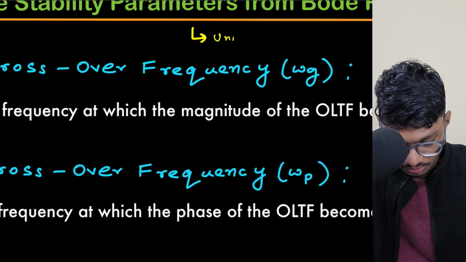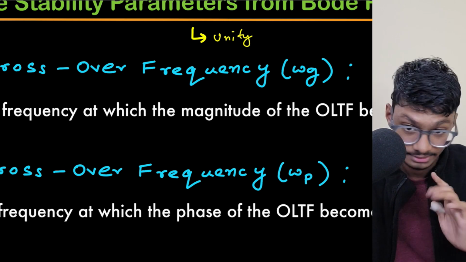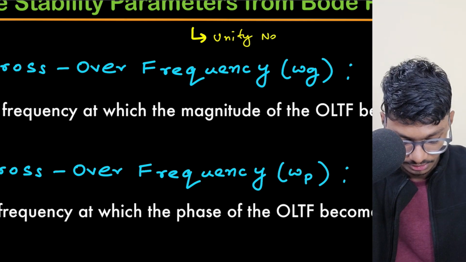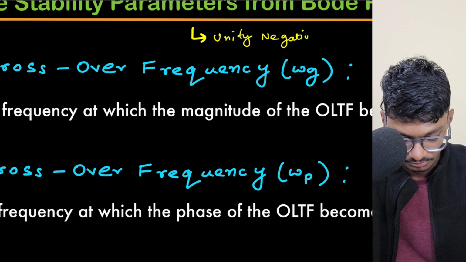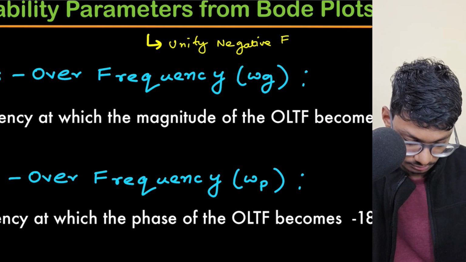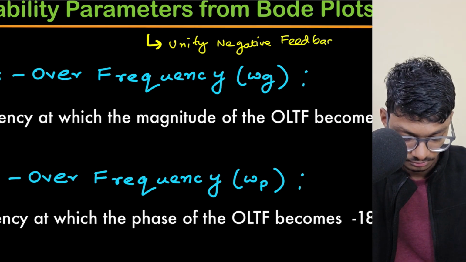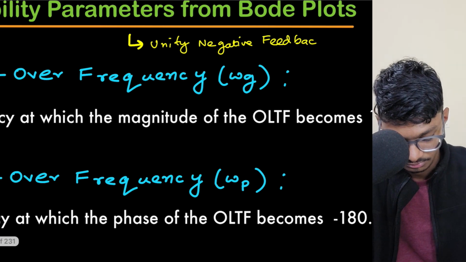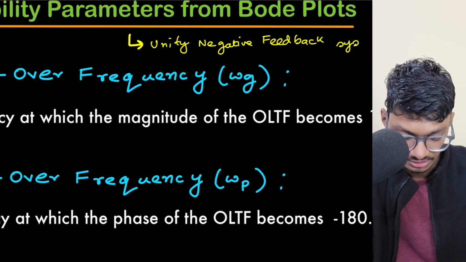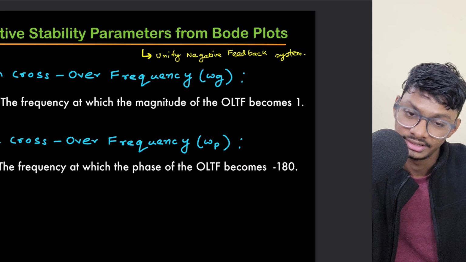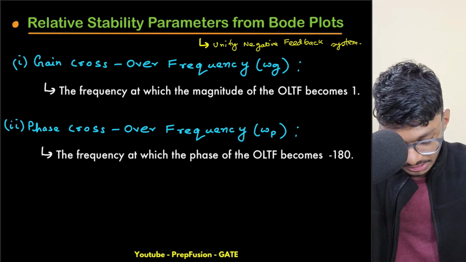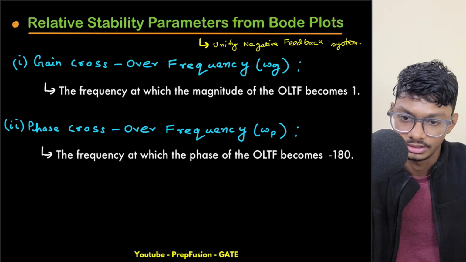I tell this 100 times. Now if they don't mention anything, or they are telling you to find it anyways, obviously you will find it, but generally it is defined for unity negative feedback system.